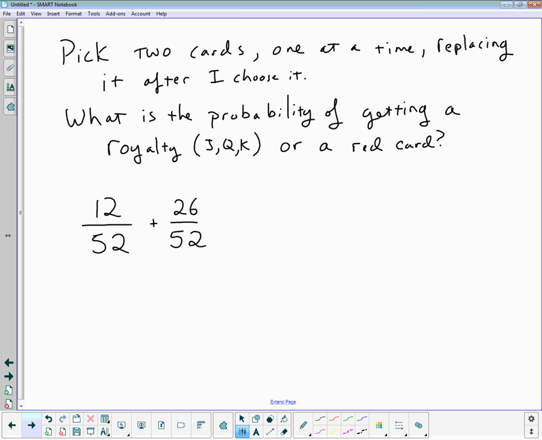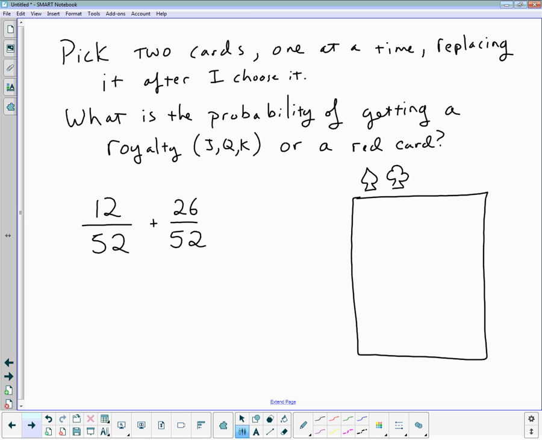So let's do spades, clubs, hearts, diamonds, and through 10, queen, king.